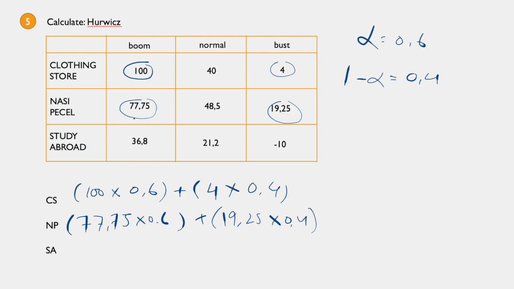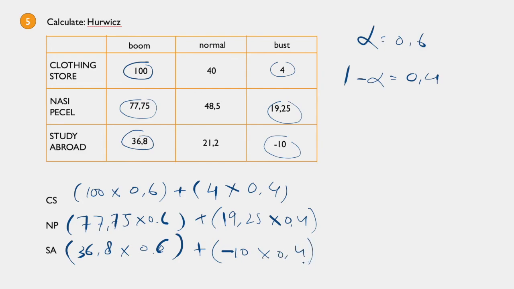For study abroad, the maximum is boom and the minimum is bust, so 36.8 multiplied by 0.6 plus minus 10 multiplied by 0.4.